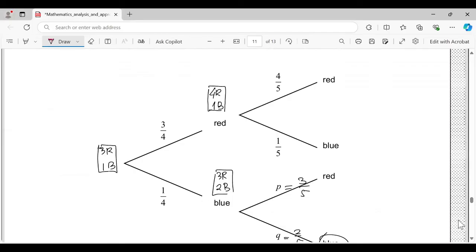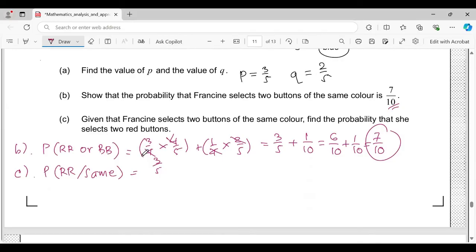Divided by 7 over 10, because RR or BB is 7 over 10. So 3 over 5 divided by 7 over 10 becomes 3 over 5 multiply 10 over 7, which is 6 over 7.